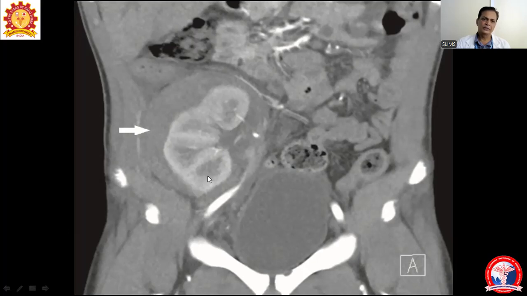What we are seeing here in contrast study is kidneys showing normal cortical enhancement, but shape is a little bit altered. Perirenal region is showing some isodense non-enhancing spherical area.